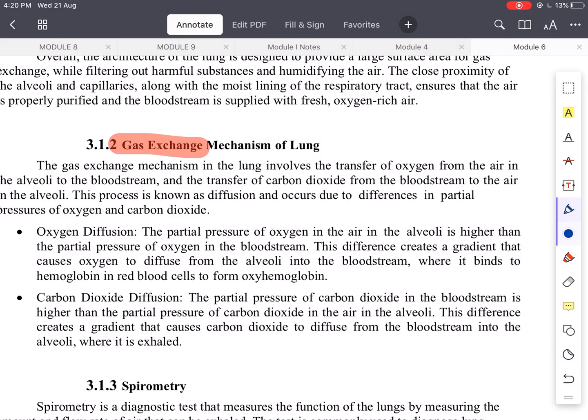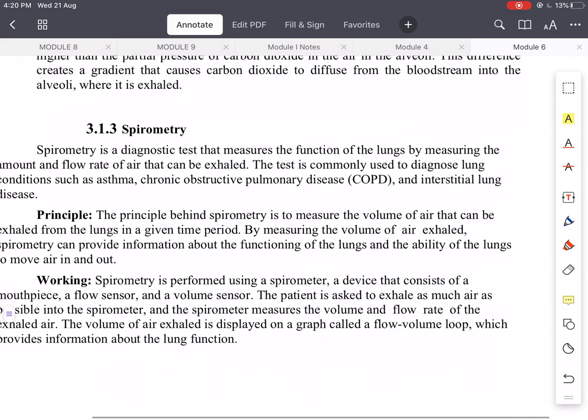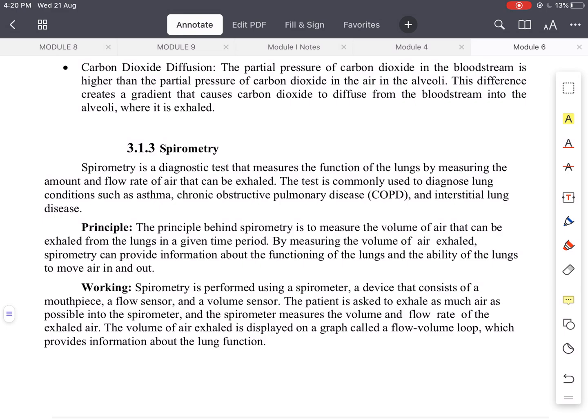Next, now that we understand the actual working of the lung, let us understand one basic mechanism used to test lung functioning. That test is spirometry. Spirometry is a procedure or test conducted to diagnose the functioning level of the lung. It is basically done for people who are suffering from chronic obstructive pulmonary diseases. What is it?